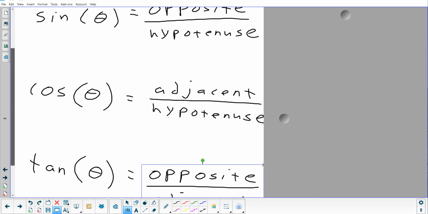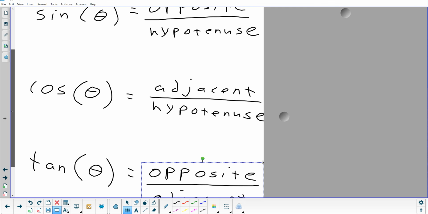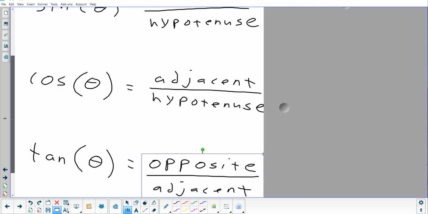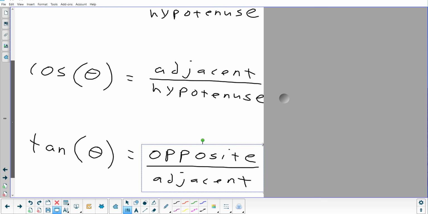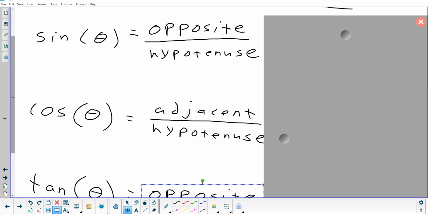So one trick that you can use to try to remember them. Has anyone heard of the SOH CAH TOA trick? So sine is opposite over hypotenuse. SOH.